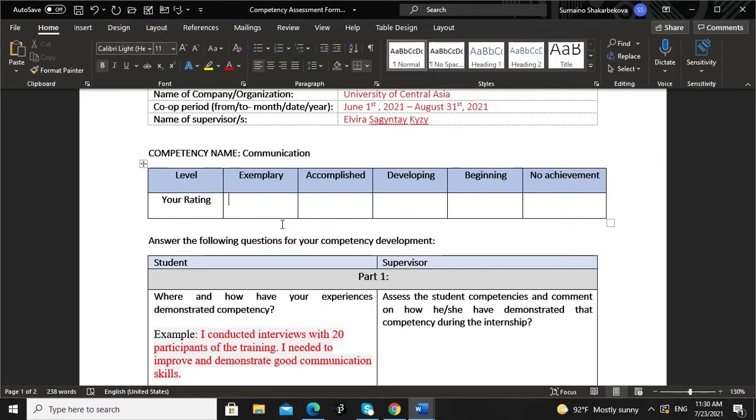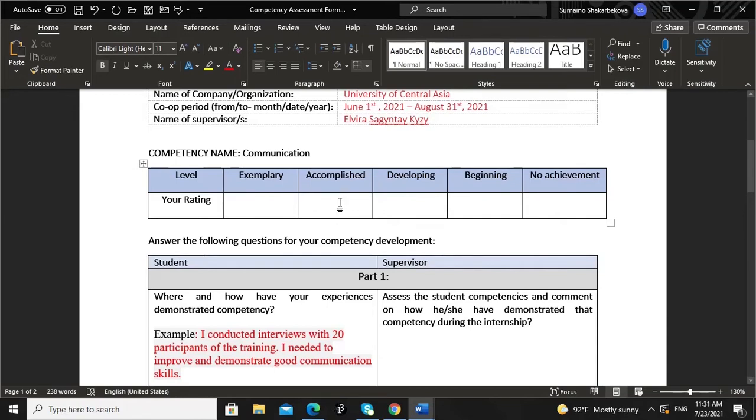So you are highly skilled in this competency, you have tried and applied it in all areas, and you know it very well and are very sure of using it in all areas. In that case, you might rate your competency as exemplary.